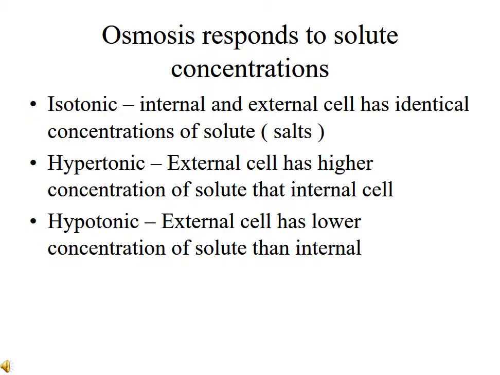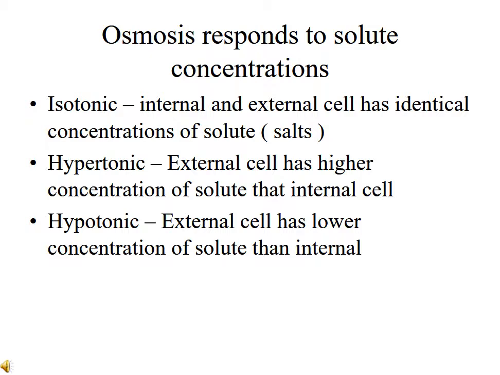A hypertonic condition is when the external cell has a higher concentration of solute than the internal cell. And in the hypotonic condition, the external cell has a lower concentration of solute than the internal cell. We have all witnessed this reaction when we take some lettuce and we try to get it crispy.